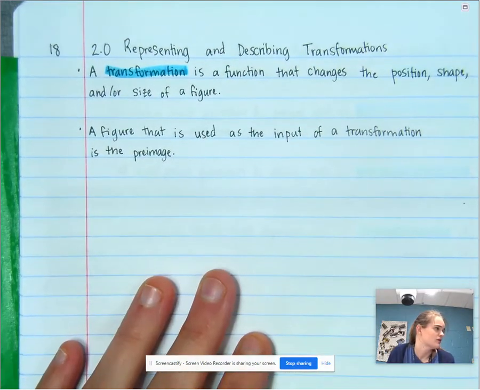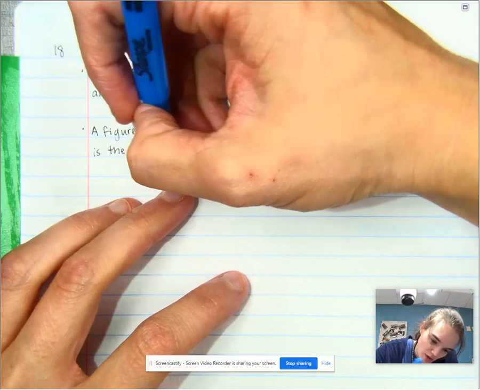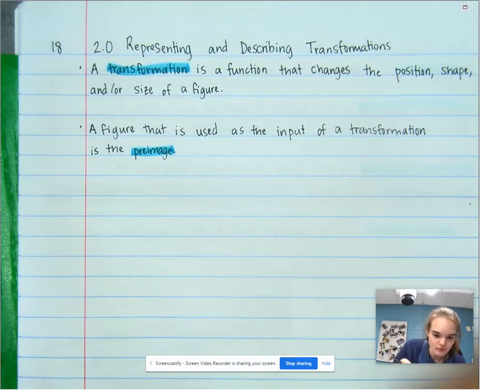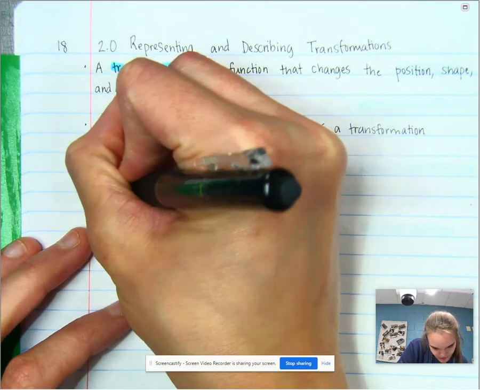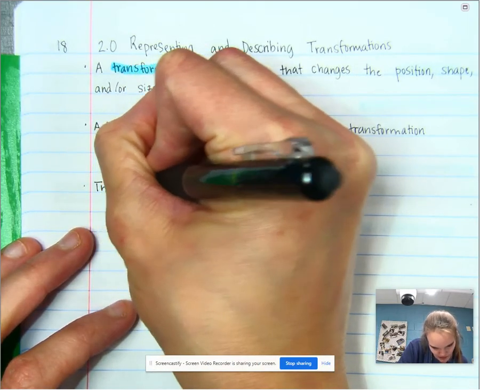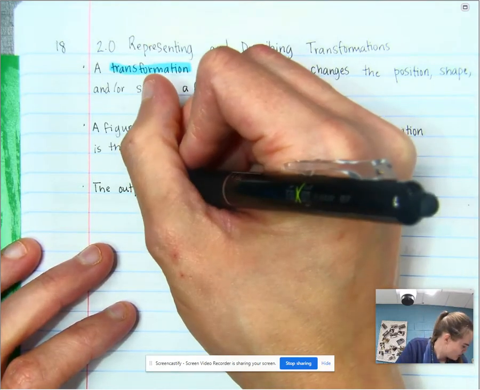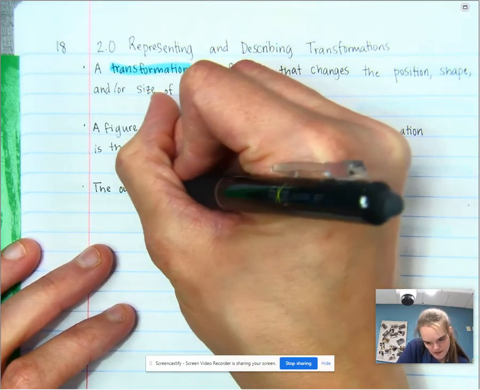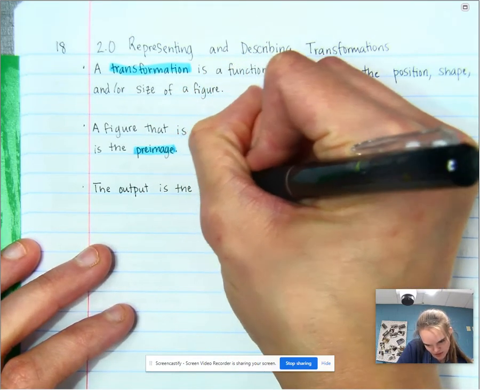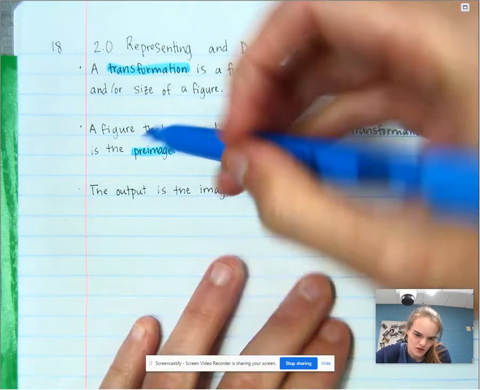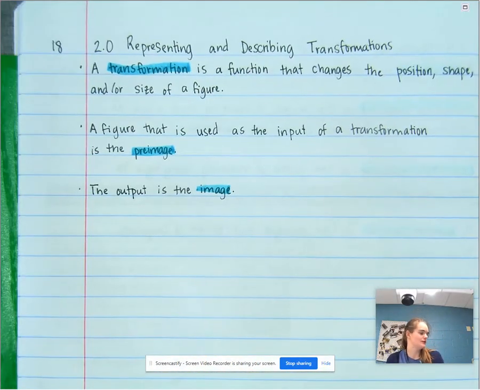So a figure that is used as the input of a transformation is the pre-image. The key word there is pre-image. The output is the image. So in algebra, input and output, x and y, we got pre-image, image. And the key word here is image. So we're going to highlight image. So we go from the pre-image to the image. And you're going to see more of what that means in a minute.